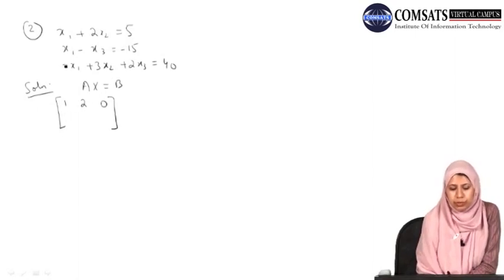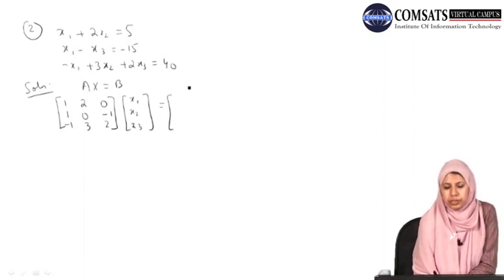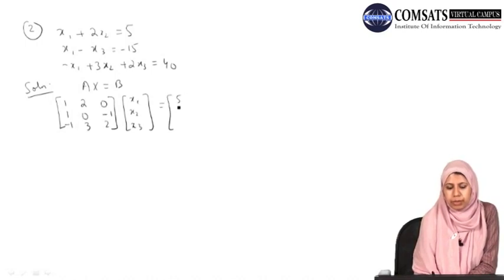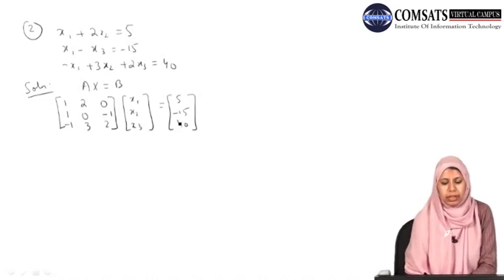From the second equation, the coefficient of x1 is 1, of x2 is 0 and of x3 is minus 1. From the third equation, the coefficient of x1 is minus 1, of x2 is 3 and of x3 is 2. Multiplied with our column matrix X of unknowns x1, x2, x3, equal to our matrix of constants, which is 5, minus 15 and 40.